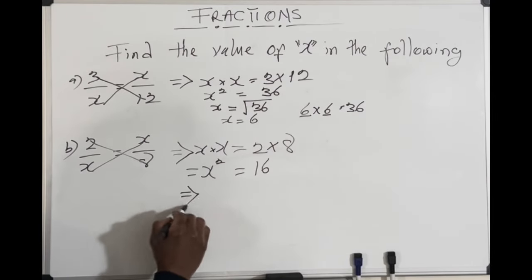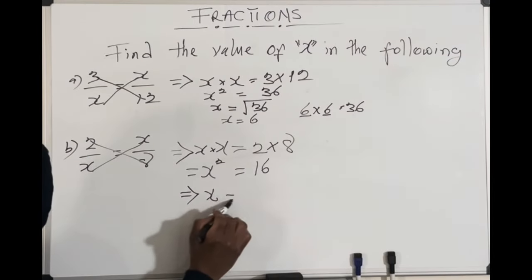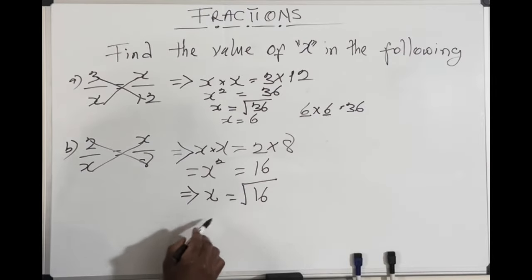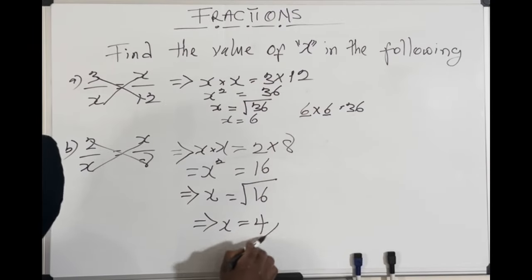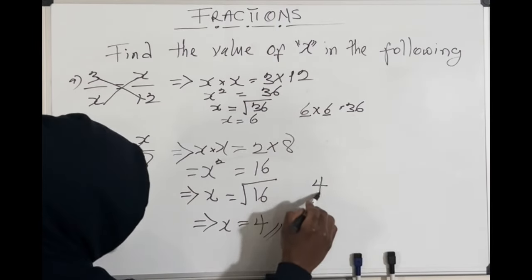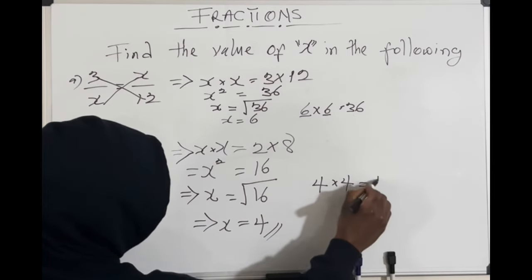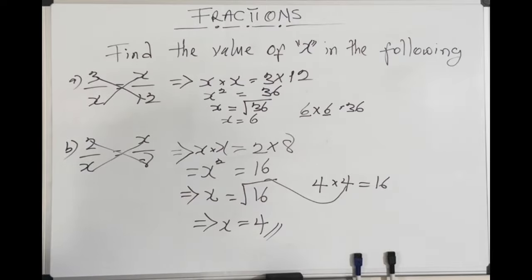Then we move to x: we change the squared to the square root and put 16 in. So the final answer: x is equal to 4. Why? Because the same 4, when we multiply it, we get 16. That means the square root. So when you get a question like this, do not panic. It's very easy.